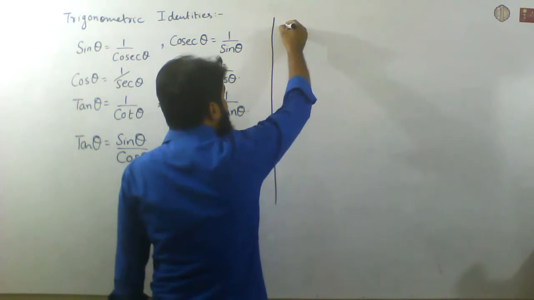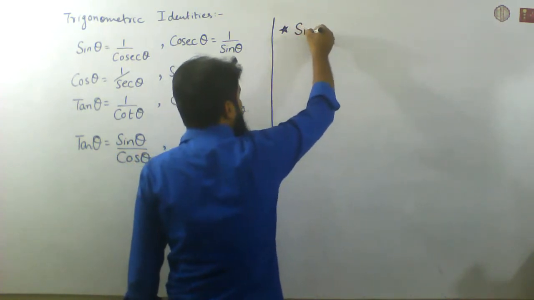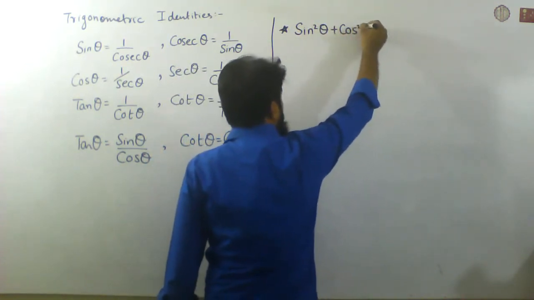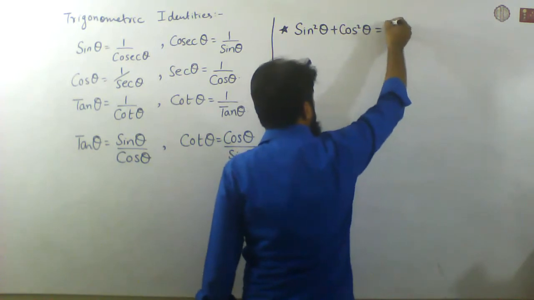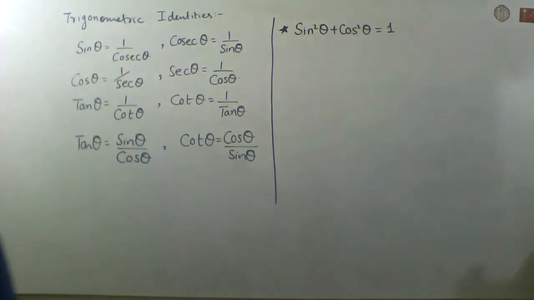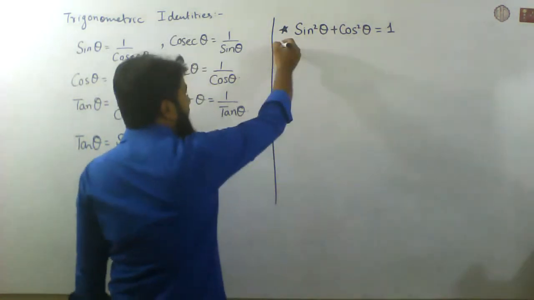First of all, the first squaring identity is sin square theta plus cos square theta equals 1. What are the different variations you can have here?